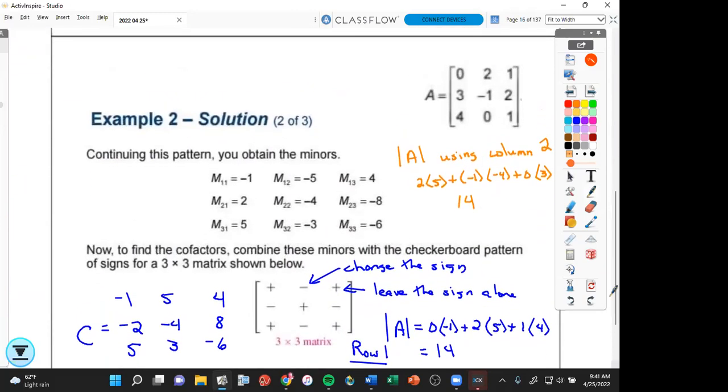I covered up a row and a column to get that number. I covered up a row and a column to get that number. I covered up a row and a column to get that number. Okay. Questions on this? Okay.